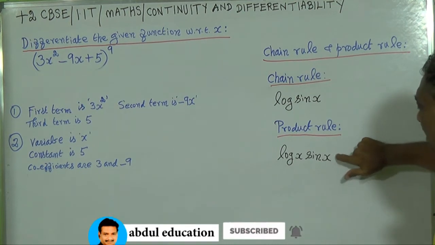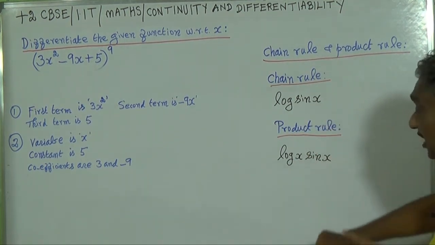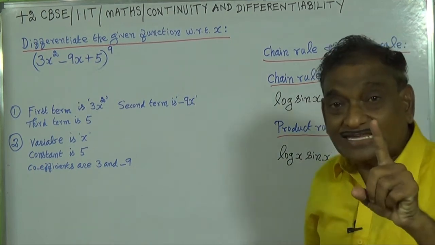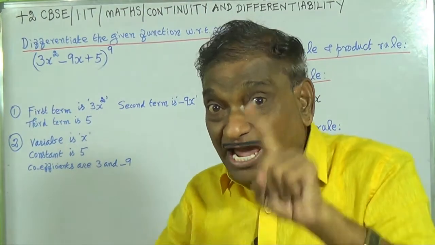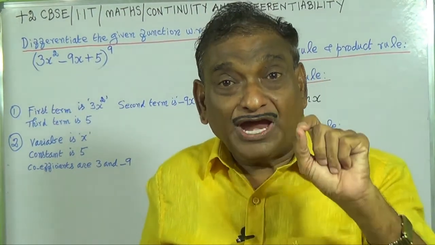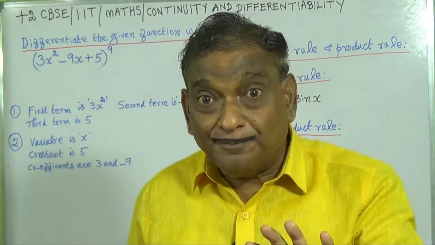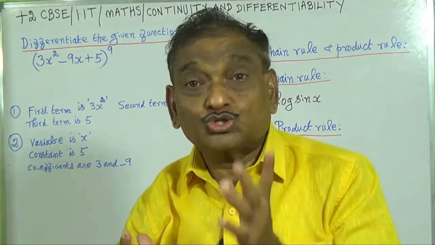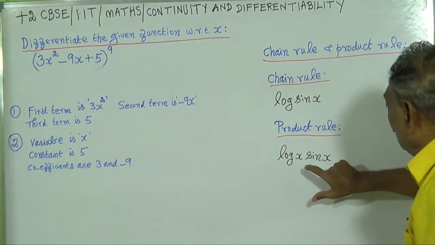Note the difference between this expression and this expression. In this expression also the variable is x, but here the variable has not come only once, it has come two times. In addition to the fact of coming two times, they have come as a product, so that it has to be differentiated as per the product rule.